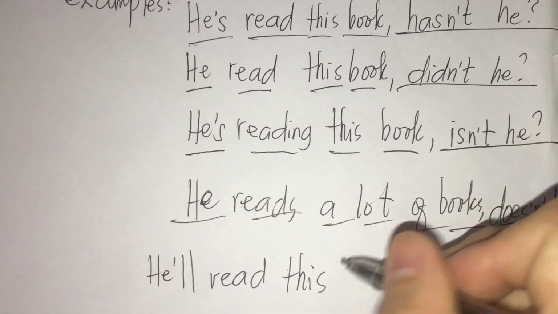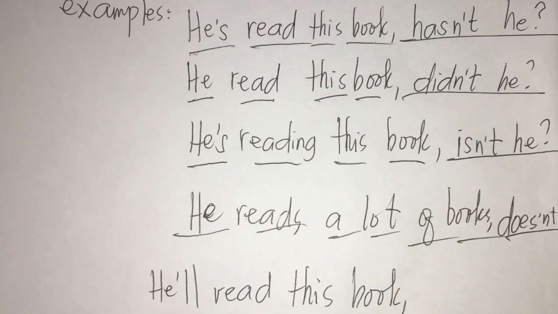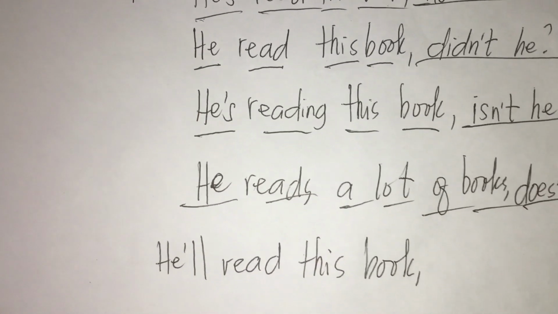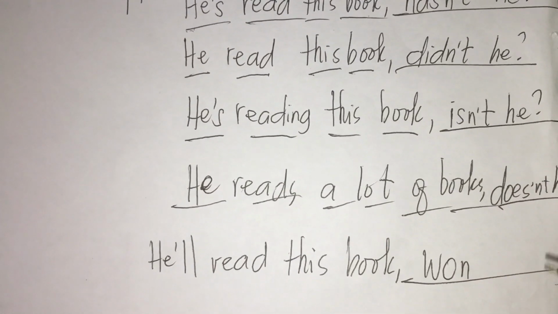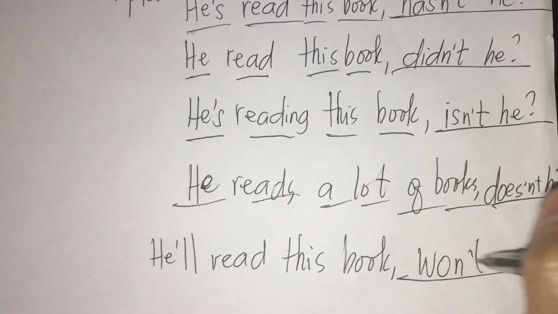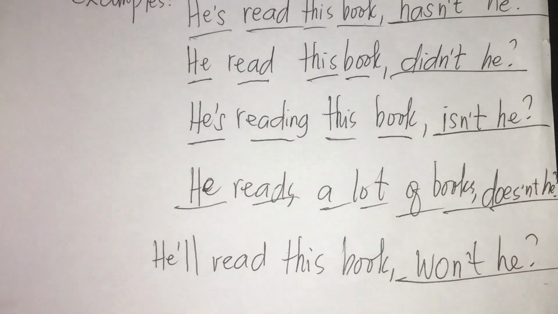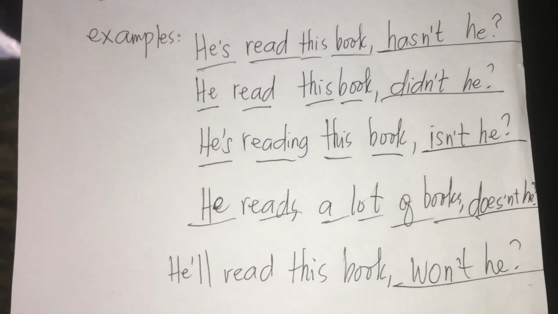He'll read this book, right? Then another question, because he will read this book, it might be asking like this: won't, or will not. Won't he? Like that. And that's a tag question, class.